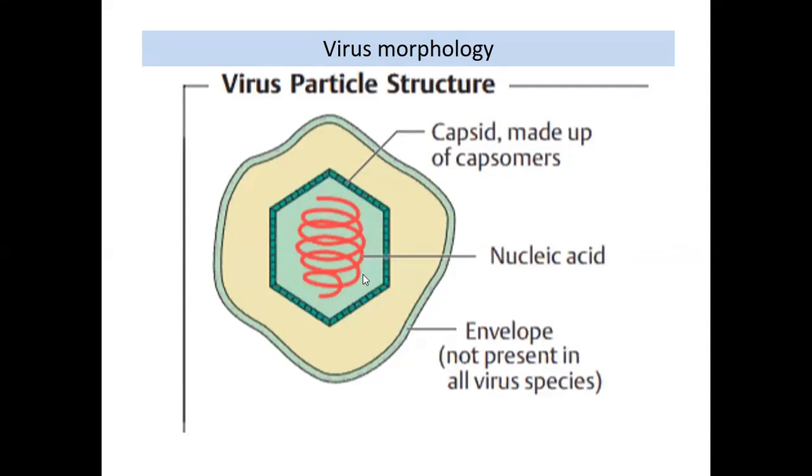If viruses consist of only two parts, nucleic acid and capsid, we call them naked viruses, non-enveloped. But some viruses have an additional shell, the envelope, which is made from the plasma membrane or nuclear membrane of the host cell, and viruses which have this structure are called enveloped viruses.